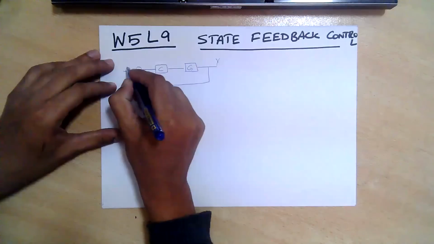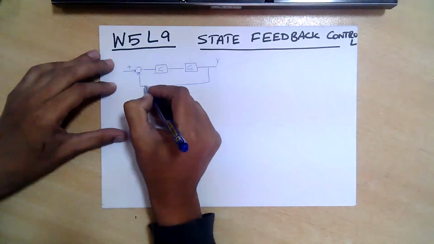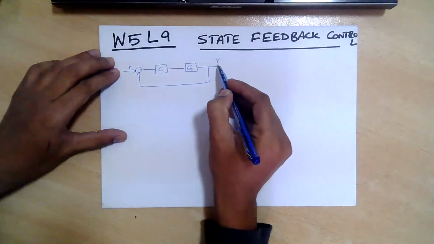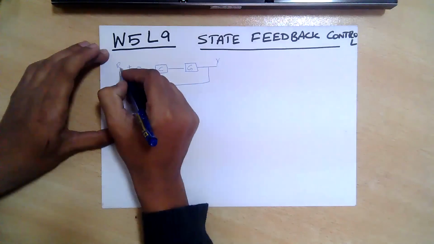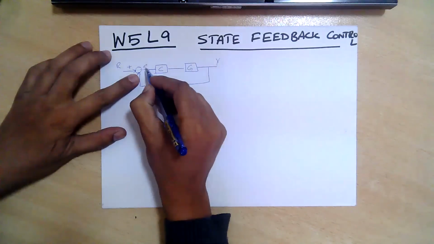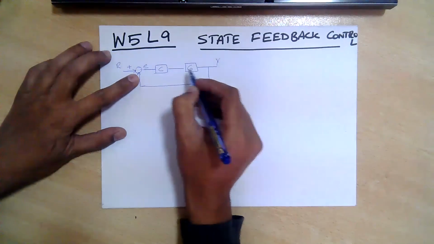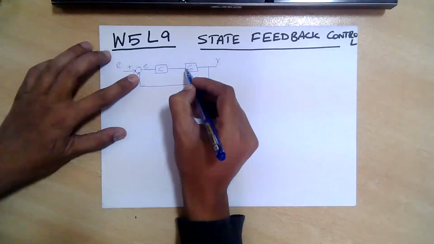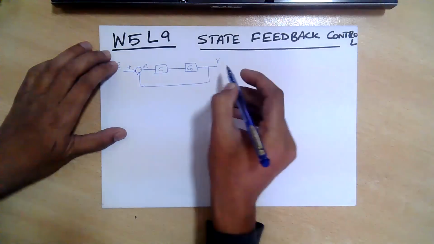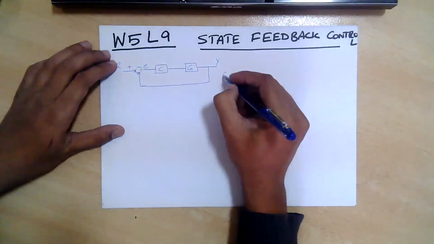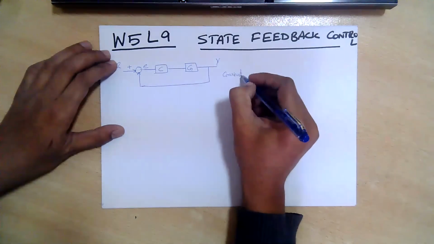We generate an error signal by comparing that output parameter with the reference value, and give that value to the controller. The controller generates a signal which it gives to the plant and stabilizes the plant or reshapes the response of the closed loop as per requirement. But this is conventional control.